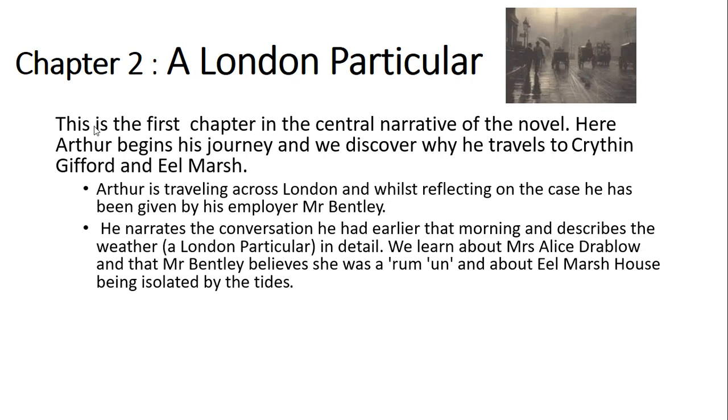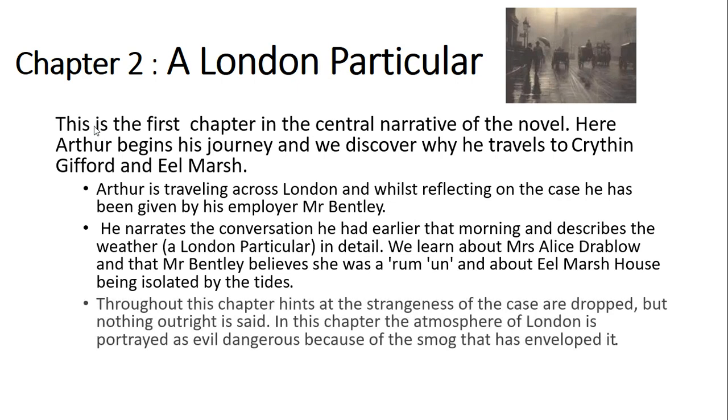And don't forget, of course, you have the narrator referring to things and emphasizing things because of the hindsight that they have, because they know now what was important. And this is clear from the fact that throughout this chapter are laced hints of the strangeness of the case.